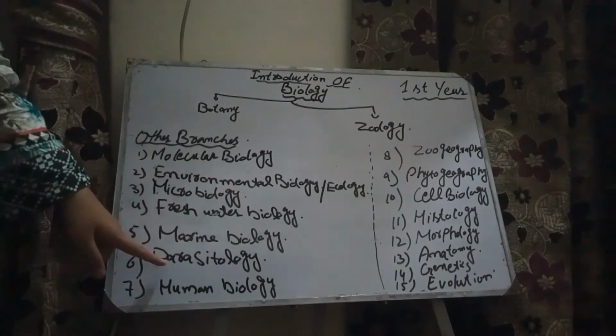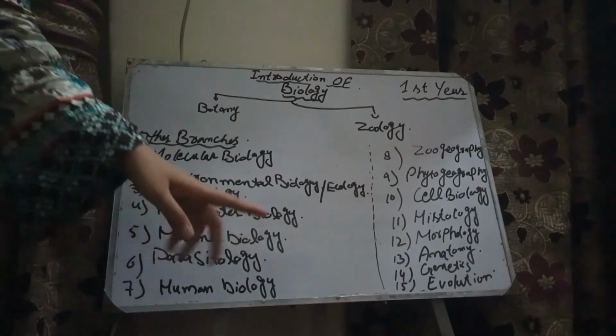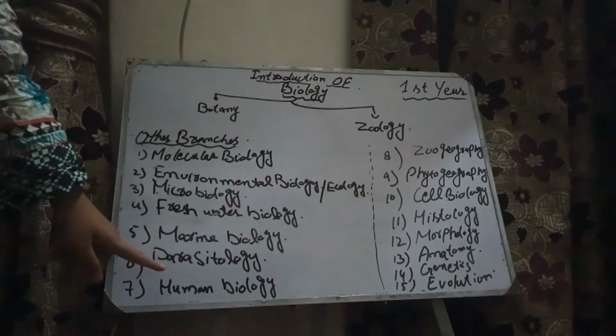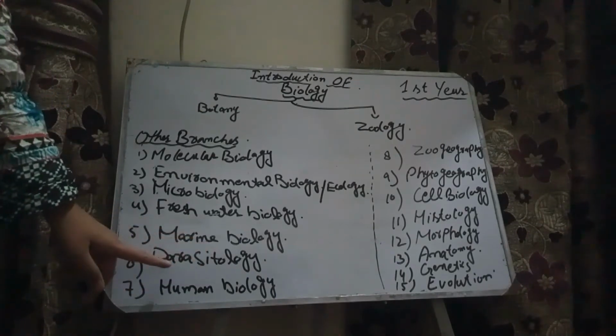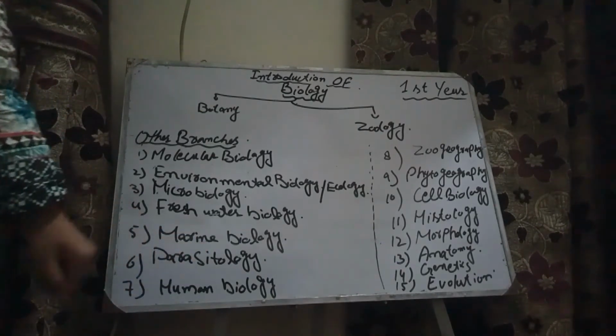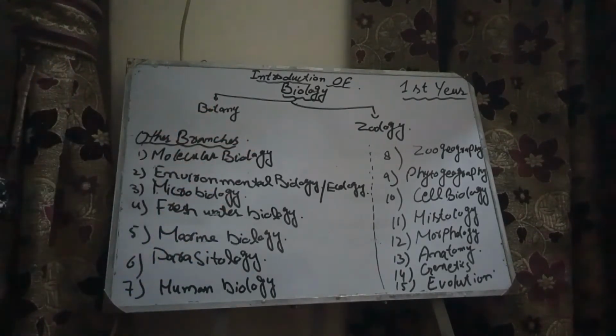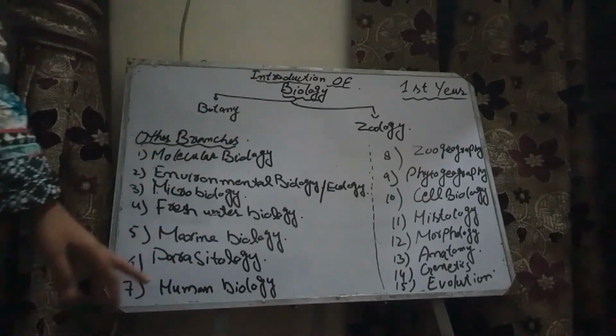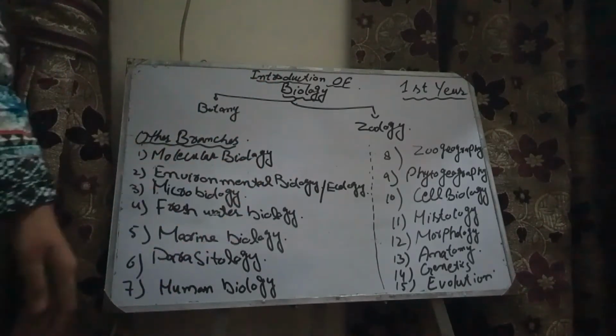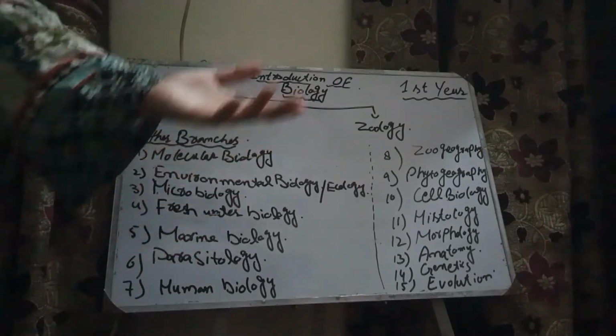There is a difference between parasites and pathogens. Pathogens are always disease causing, but parasites are not always disease causing. We can say they are dependent. Ectoparasites live outside the body, and endoparasites get benefit from inside the body of any organism.